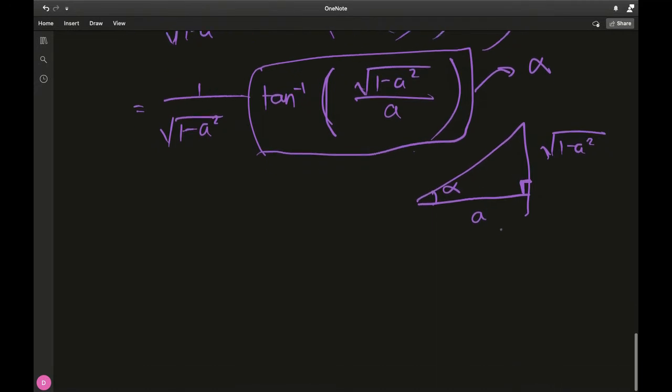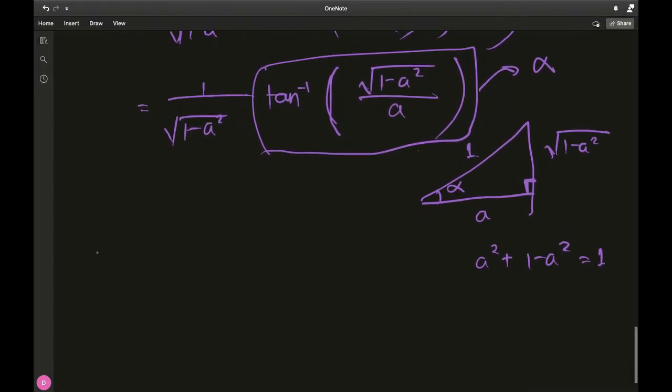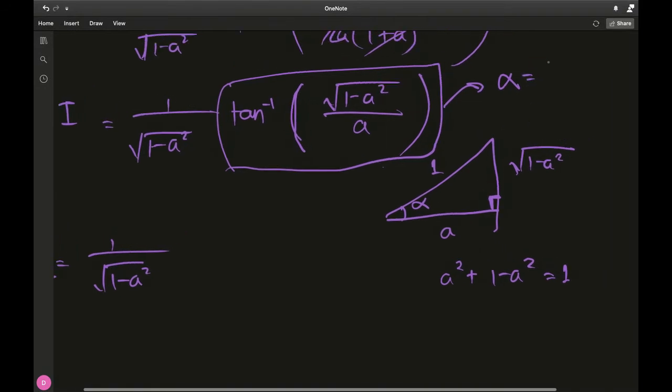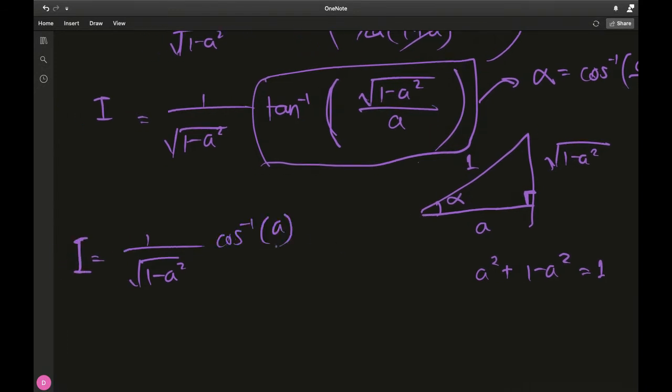So by the Pythagorean theorem, the hypotenuse will just be a squared plus the square of this, which is 1 minus a squared, giving us 1 over here. And to really simplify stuff, I would like to write the I that we started with in terms of inverse cosines, because alpha will now be, if you want to use inverse cosines, the adjacent is a, hypotenuse is 1, so a over 1, or just inverse cosine of a.